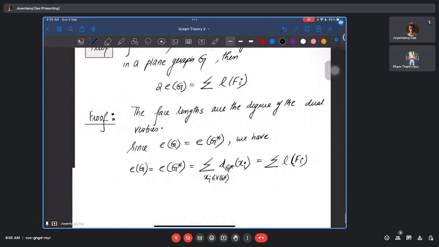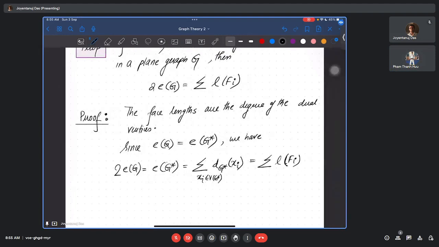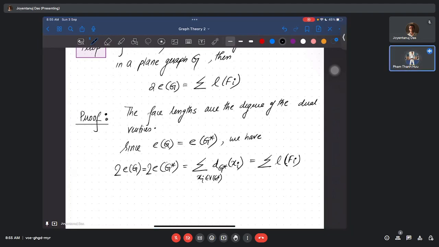So twice the number of edges is nothing but the summation of the lengths of all faces, right? Yeah. Okay.